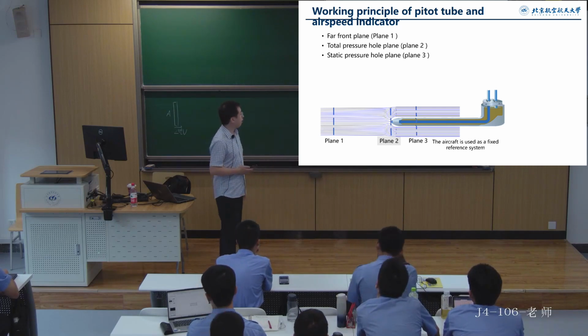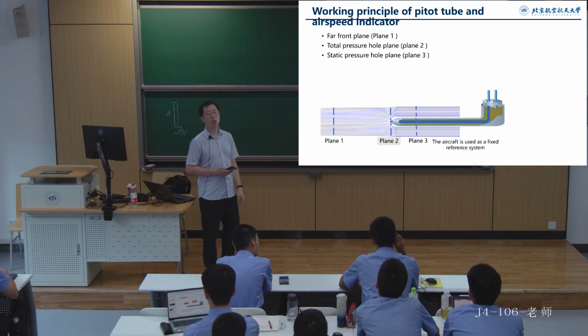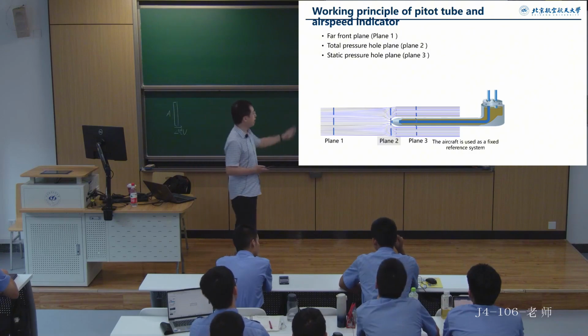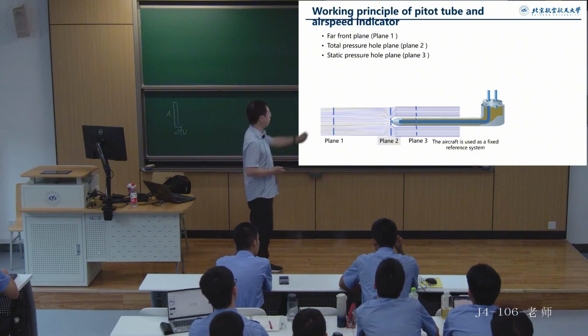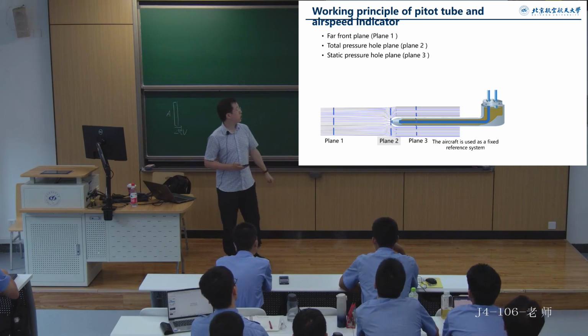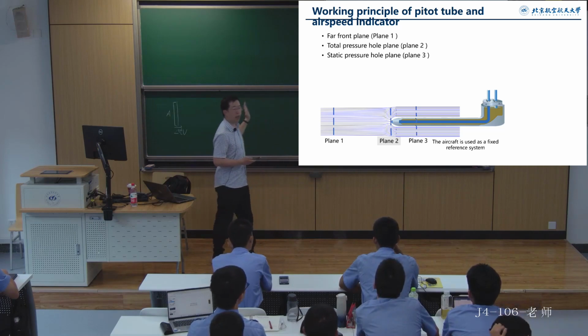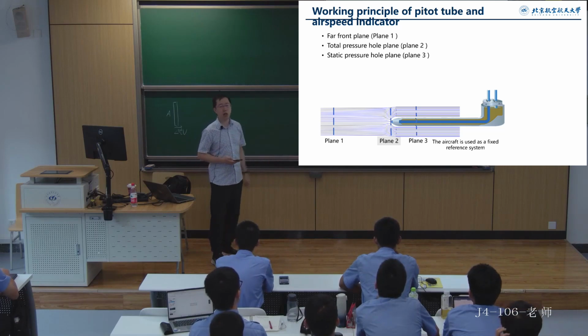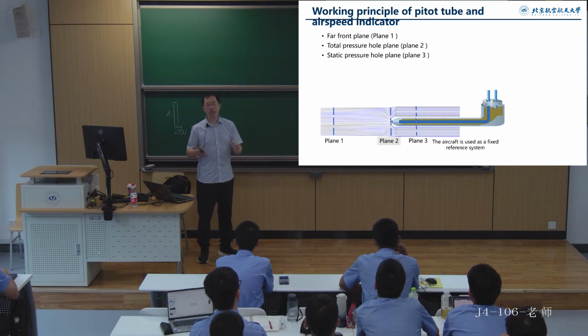Next, we want to focus on analyzing the airflow conditions at 3 key plane positions. First, the first position is the plane at infinity. At this point, because it is very far away, the flow field around the airplane cannot affect such a plane. And now we assume the airplane is stationary and the air is blowing towards it.